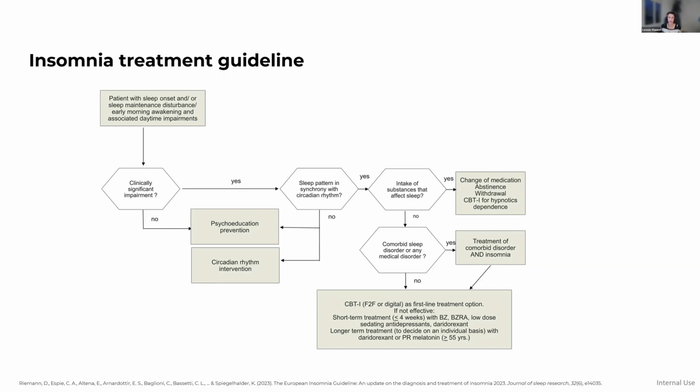So even if there is a comorbid disorder, for example, if we have a patient with depression and insomnia, the idea would always be to treat insomnia as well. And not leave insomnia outside and just treat the other disorder, because we typically know that if we don't treat insomnia, it will last and persist, how I showed you in the earlier slide.